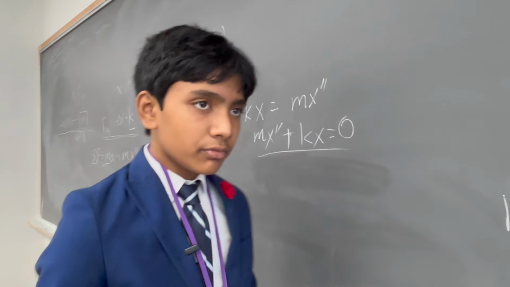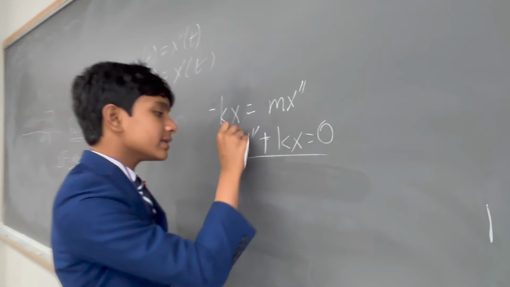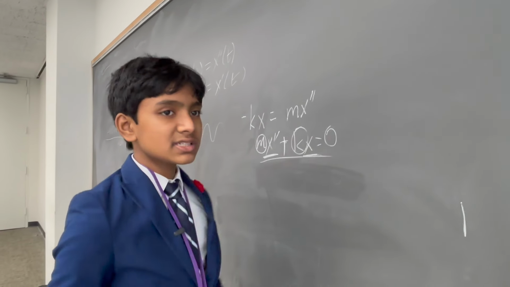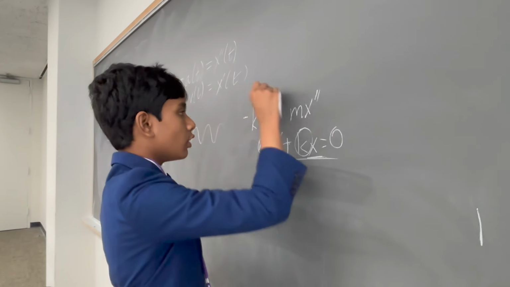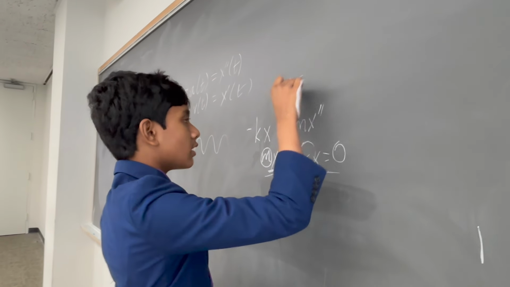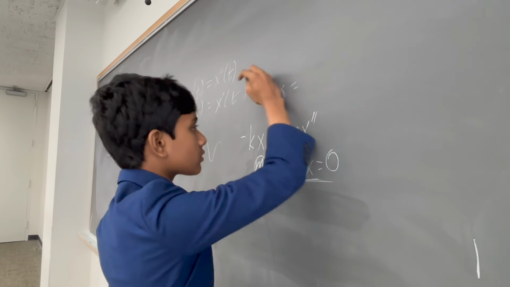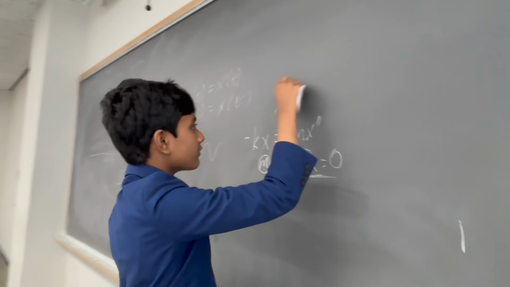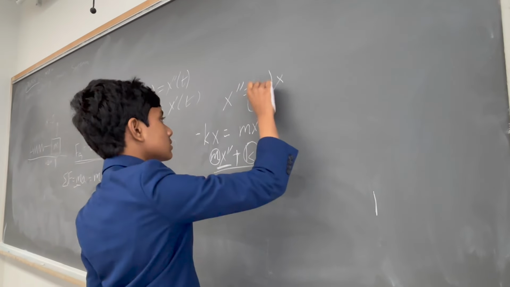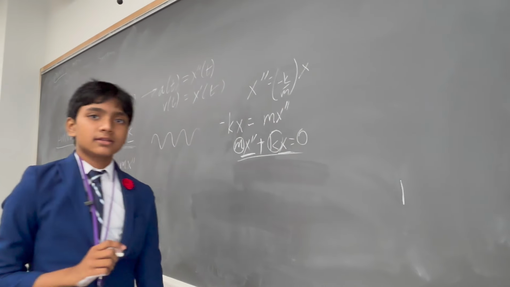Essentially what we have here is a constant times the double derivative plus a constant times the actual function. So if we go back to the original, this is essentially saying the double derivative of the function is equal to the original function times some irrelevant constant.